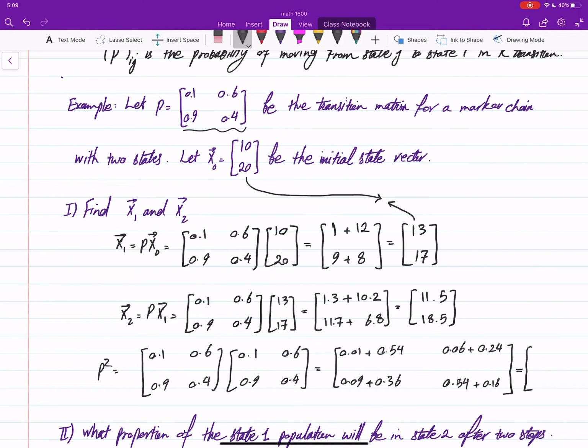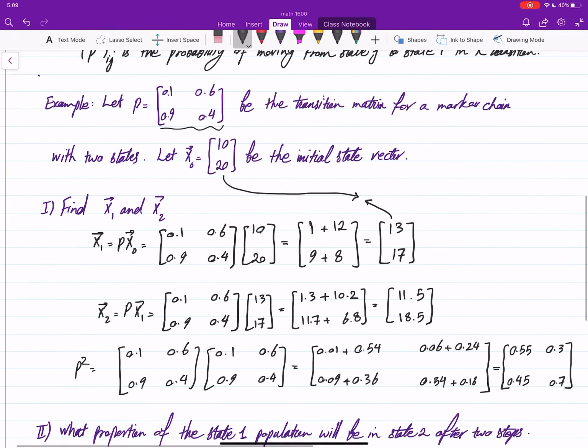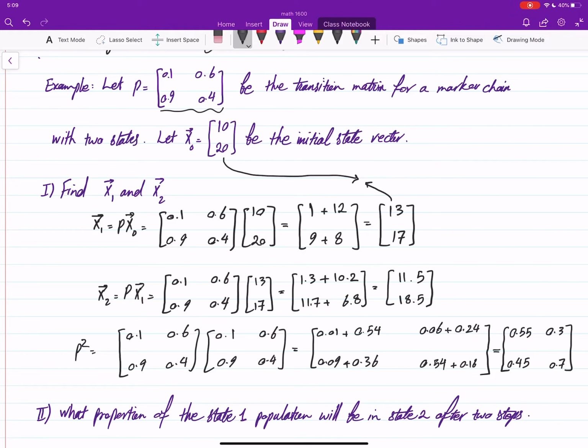And if we do the addition here, this will be 0.55, and that is 0.45. This is 0.3, and this is 0.7. This is P2. And if you multiply P2 by x0, which is 10, 20, it will give us exactly the same numbers as we have here. Try that. You will see that it works the same.